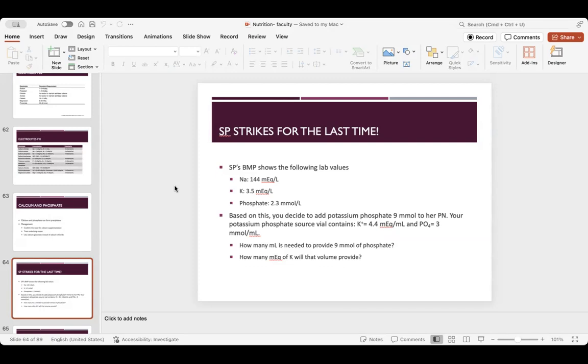Some drugs are incompatible with each other, so you shouldn't run one with another in a Y site, in the same IV line, or in the same environment. That's basically it, but not necessarily just for the calcium and phosphate. Good question.